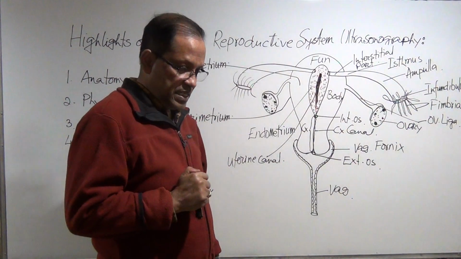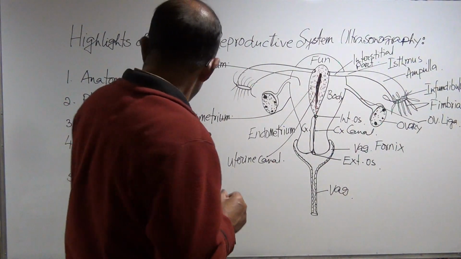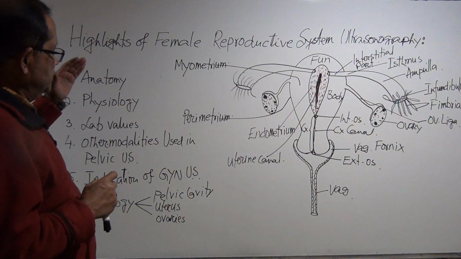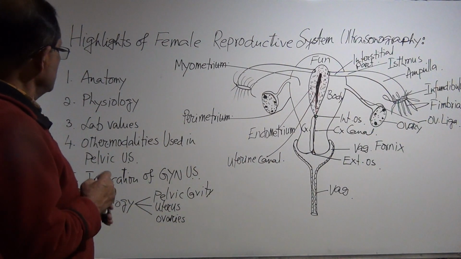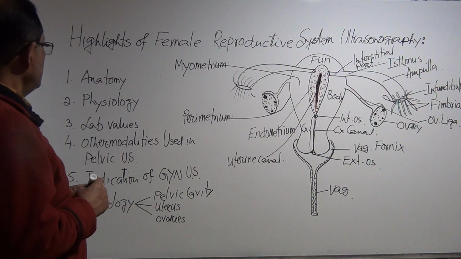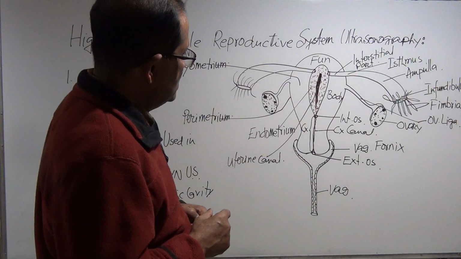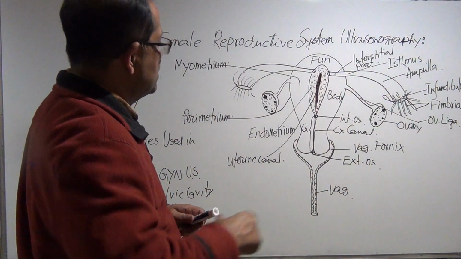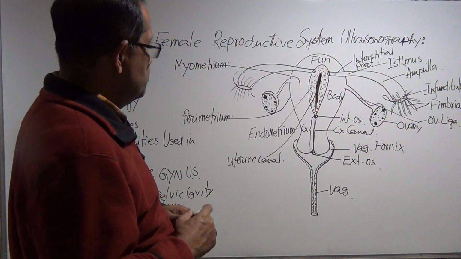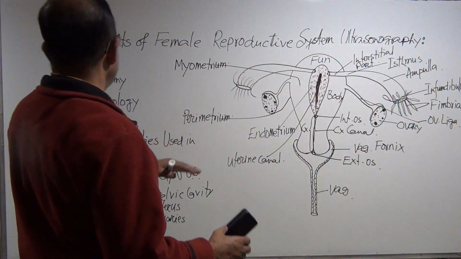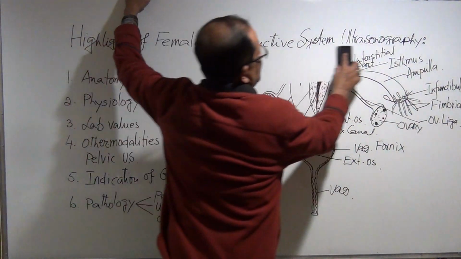We will discuss more another time about the physiology, and before physiology, let me cover these two parts. That is the position of the uterus. Then I will cover the anatomy all over.